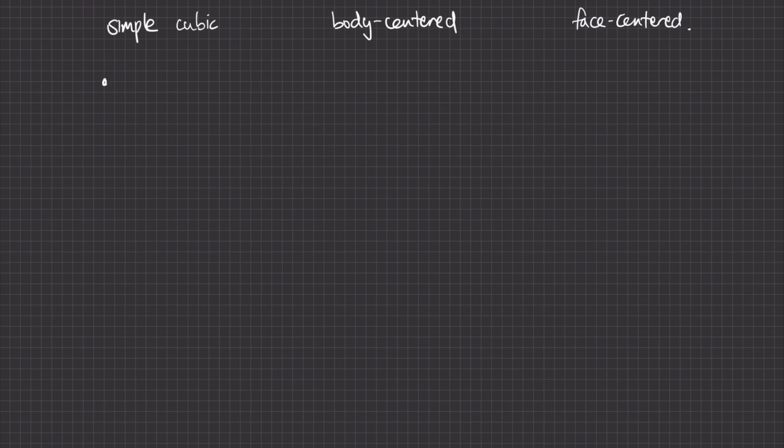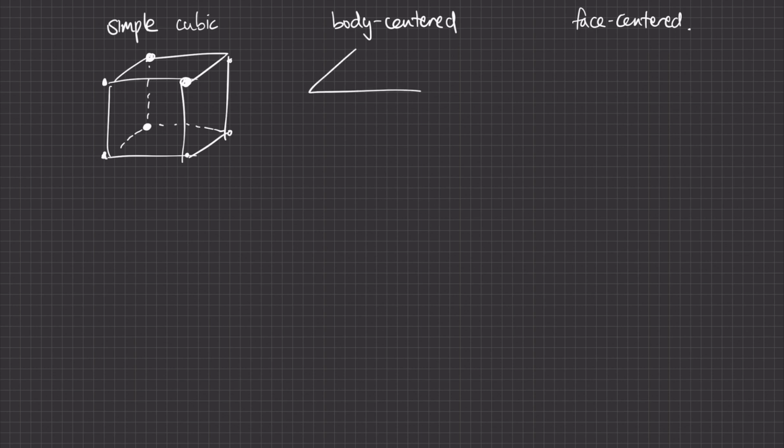Simple cubic is just the classic 8 points like that, and there will be an atom there. So yeah, that's what it looks like. And body-centered is simple cubic like that, plus one in the middle.